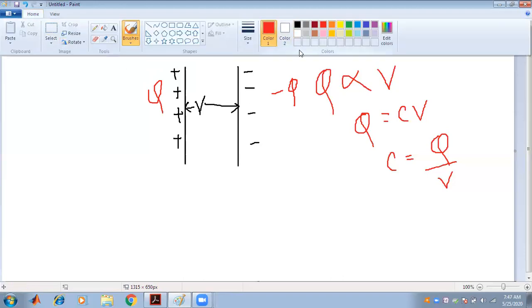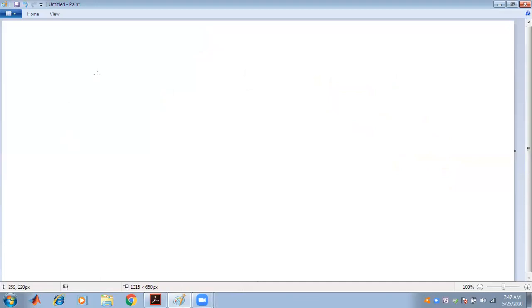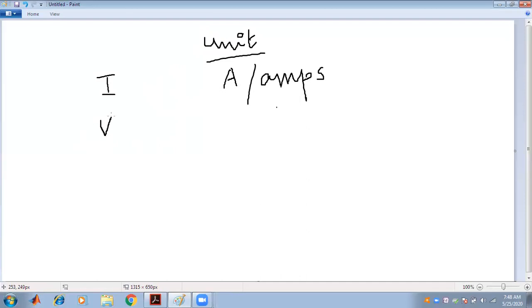Now let us take the units. Current is generally represented by I, and it is denoted by ampere, A or amps. Voltage is generally denoted by V, and its unit is volts.